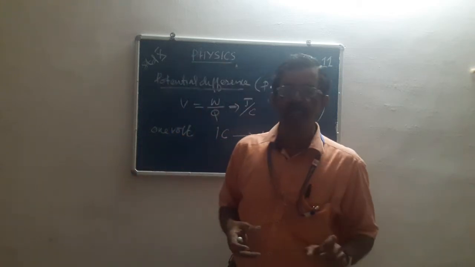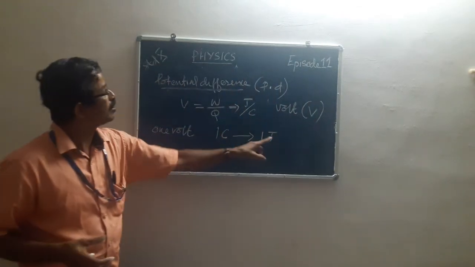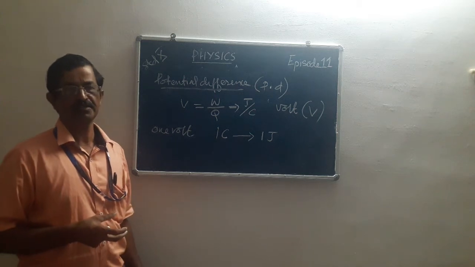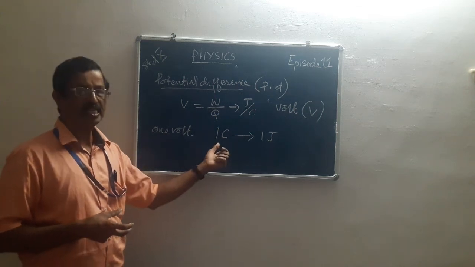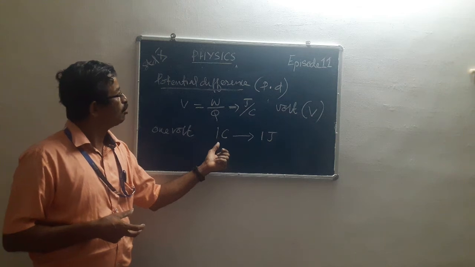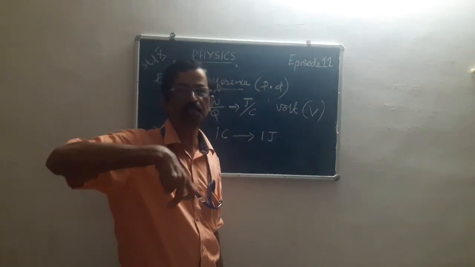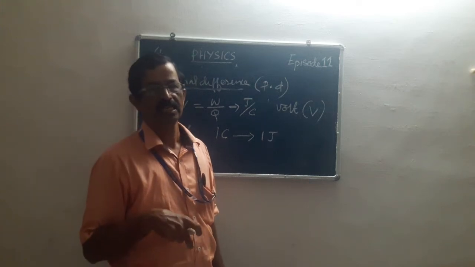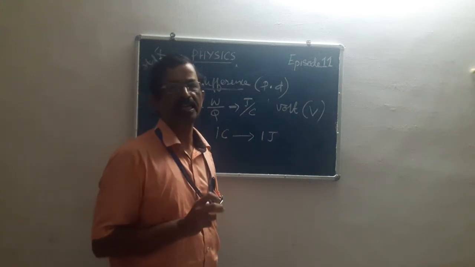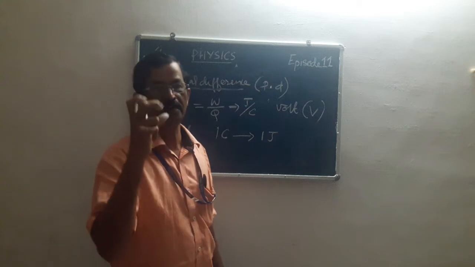How does the cell give potential difference? To provide a potential difference, it spends a certain amount of energy. That means the chemical energy stored in the cell is utilized to do the work.